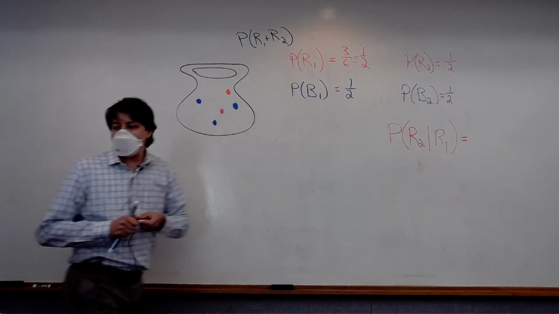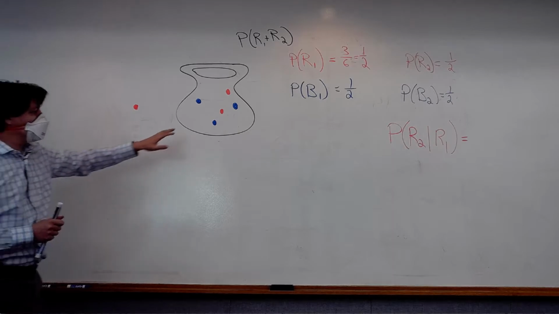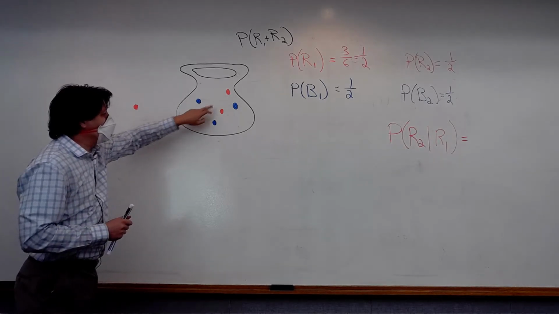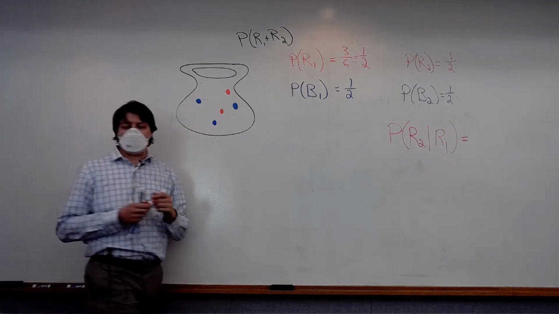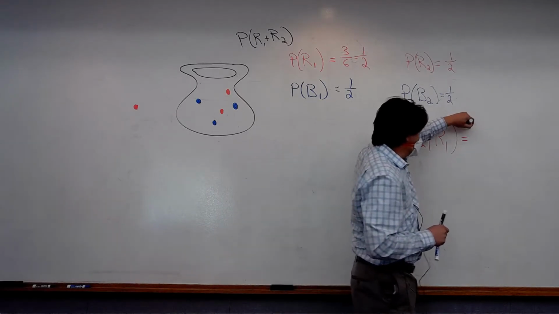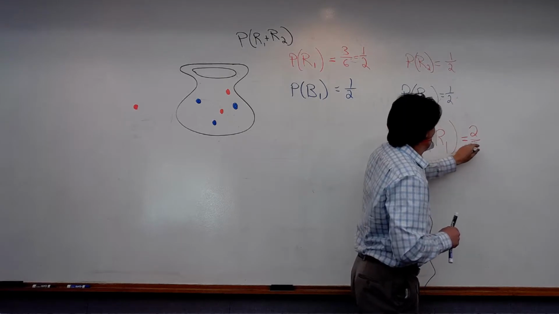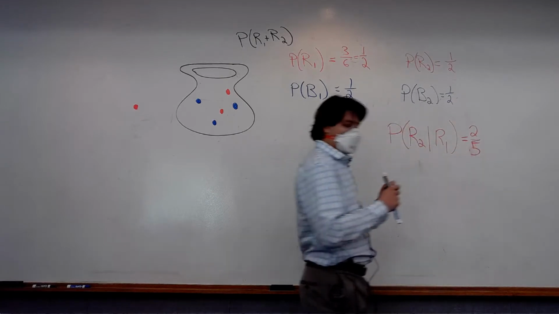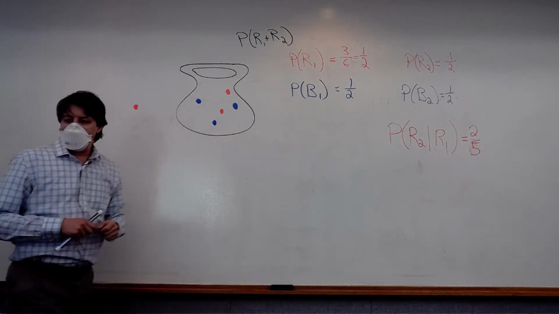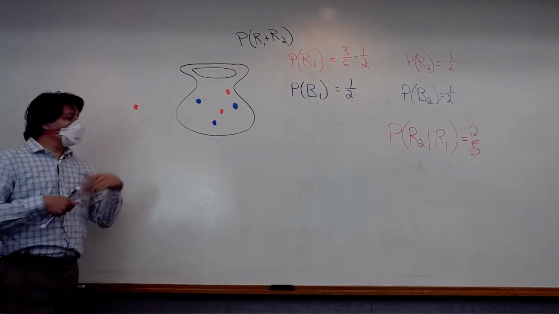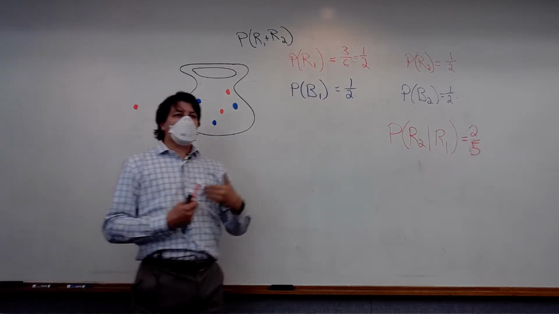Okay, and we can again calculate this likelihood, because now there's 5 marbles, 2 of which are red. So it simply is 2/5. Okay, we can calculate more of these conditional probabilities.